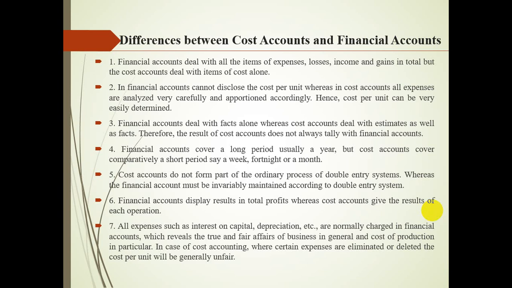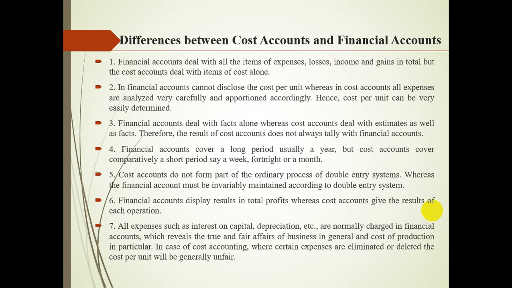What is the total cost, how to minimize it, and what is my unit cost. The next one: financial accounting cannot disclose every piece of information for a short period, or for one day, or for one product, but in cost accounting we disclose the cost of each and every product which we have prepared.